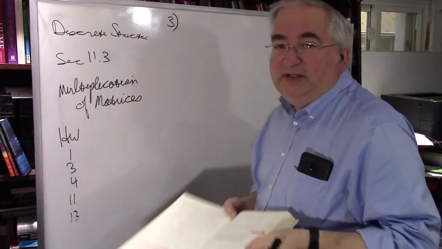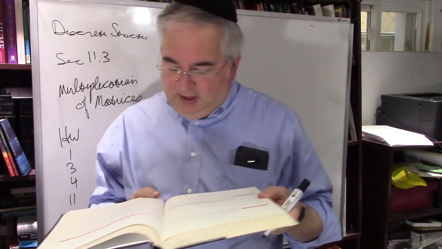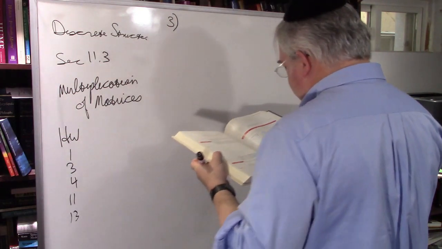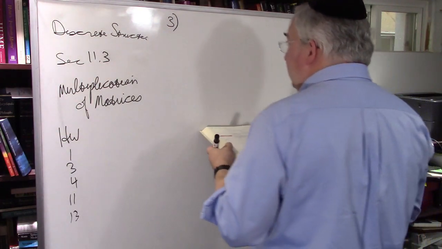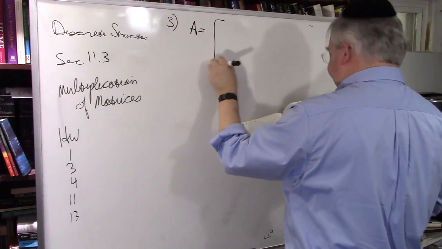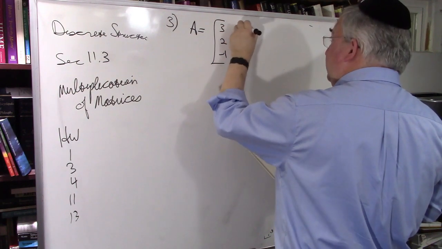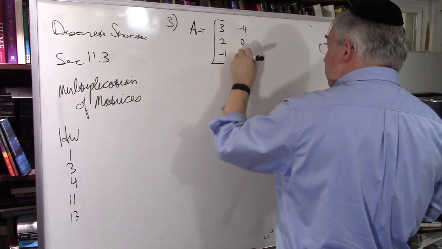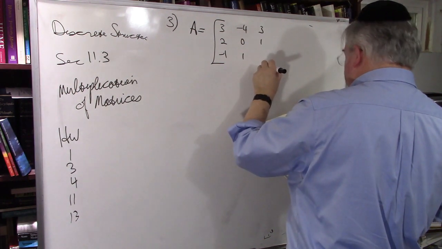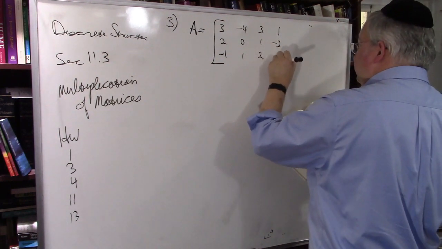And I promise you on a test question, I'm going to give you 2 matrices and ask you to multiply them out. I'm going to guess something along these lines. So let's do, you ready? Number 3. A equals 3, 2, minus 1, minus 4, 0, 1, 3, 1, 2, 1, minus 2, 0.